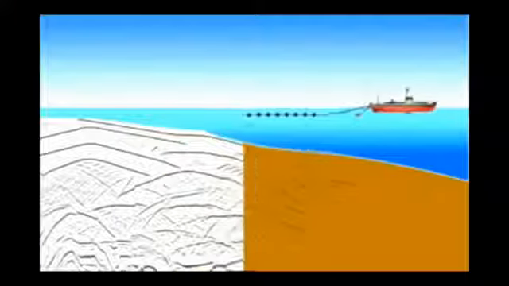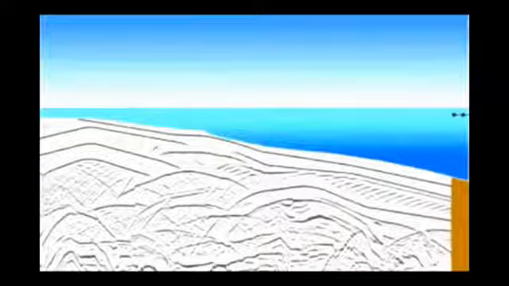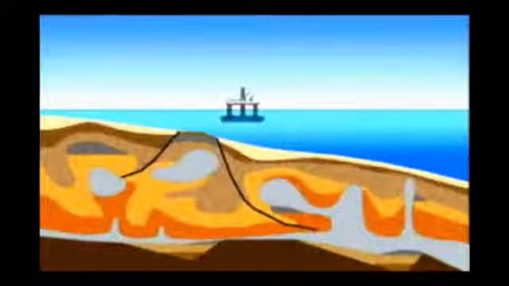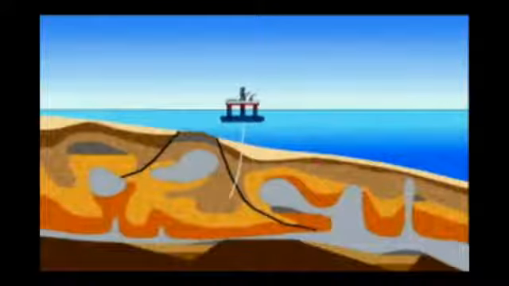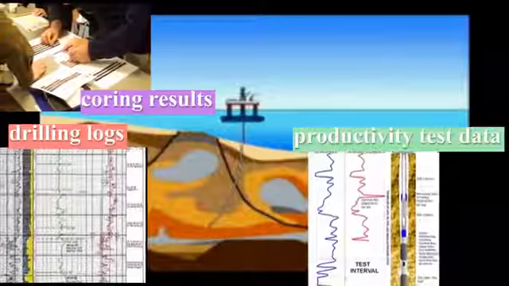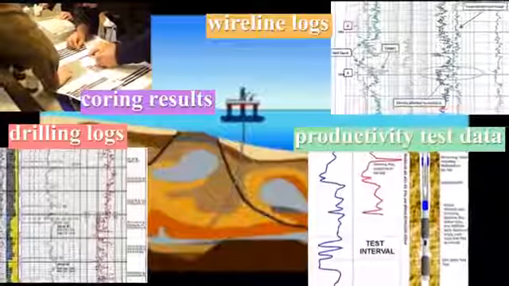For example, exploration engineers are expert in selecting where to drill a wildcat well with only incomplete knowledge about the subsurface. Production engineers, on the other hand, have access to much more information and data that was collected by the exploration team. This data, along with other information, will most certainly include drilling logs, coring results, data from the productivity tests, and the wireline formation testing and logs.